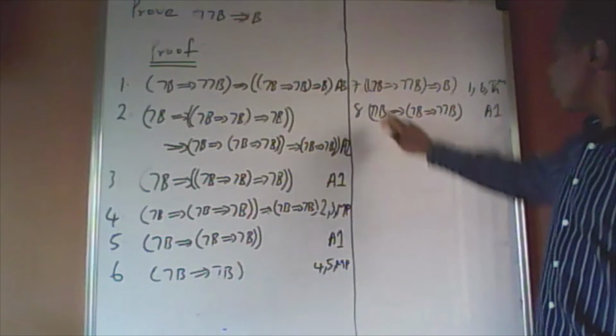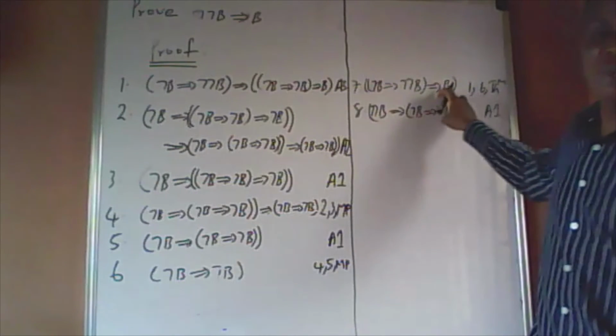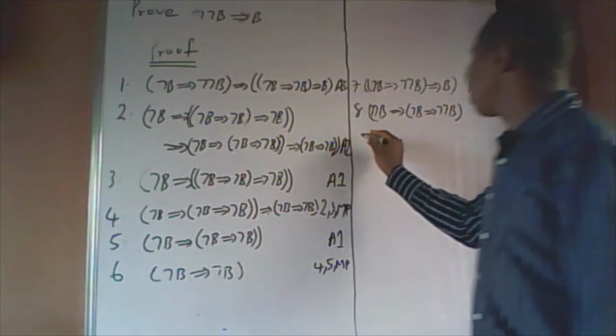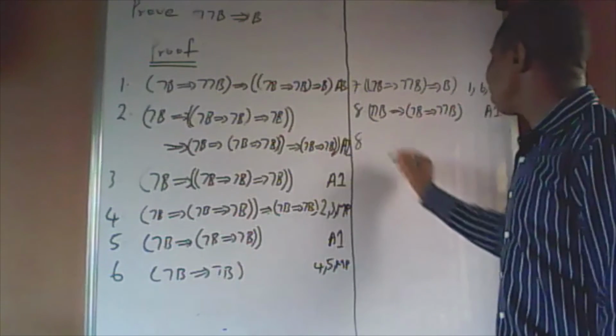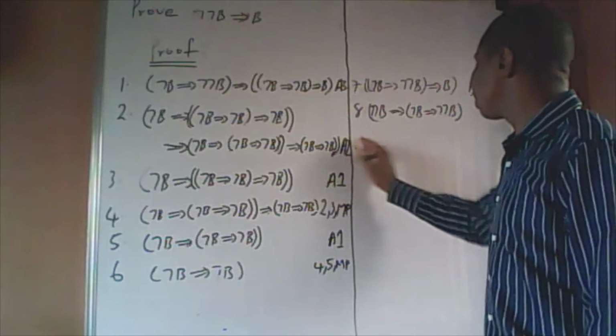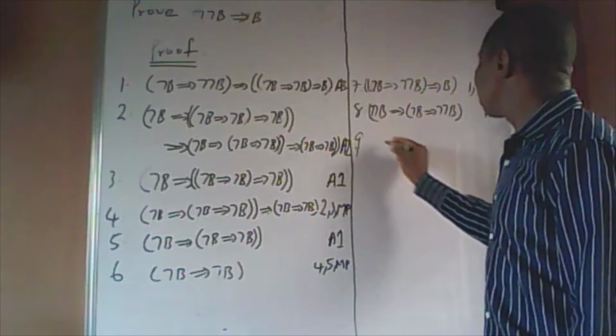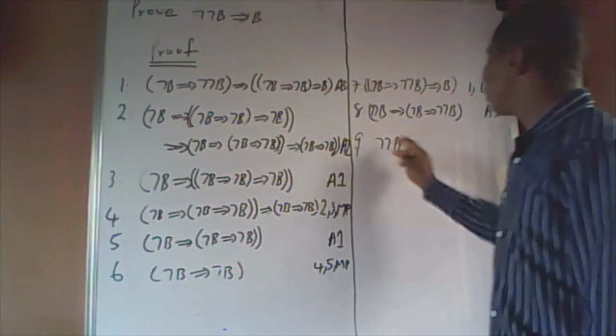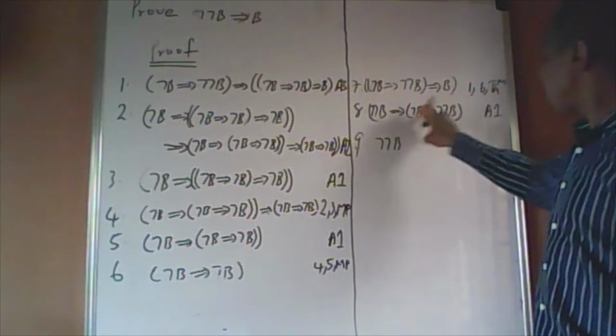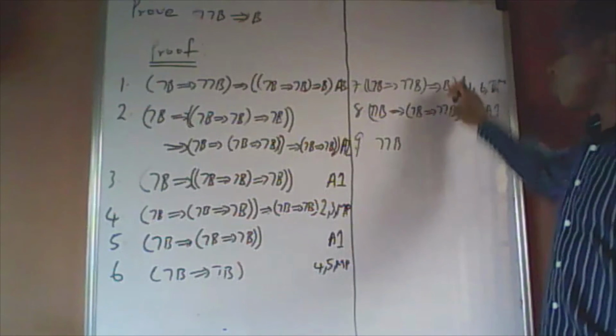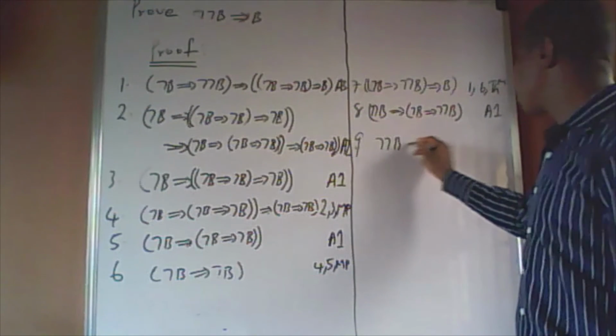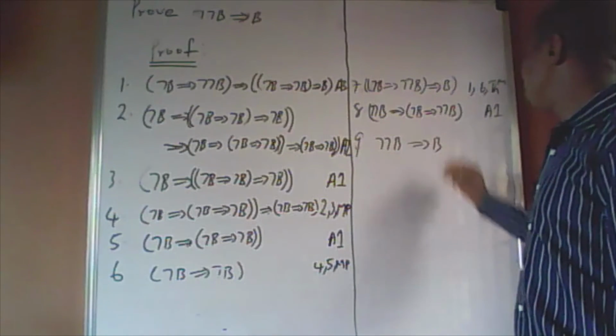That means not B implies B. Line 9. Not B, since not B implies this, and this implies B, that means not B implies B.